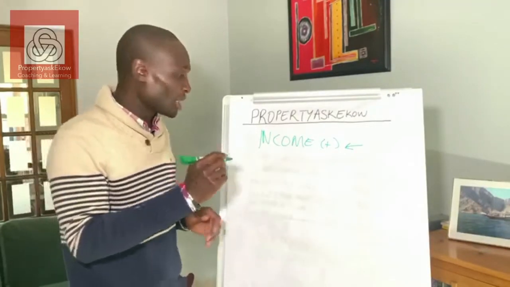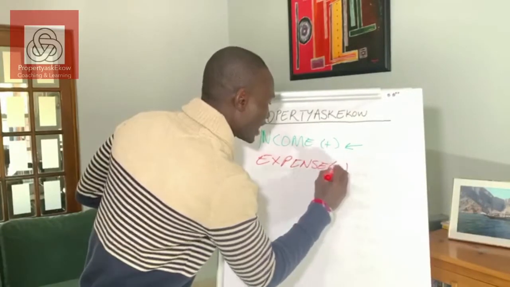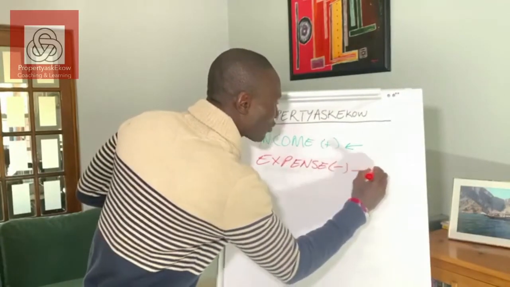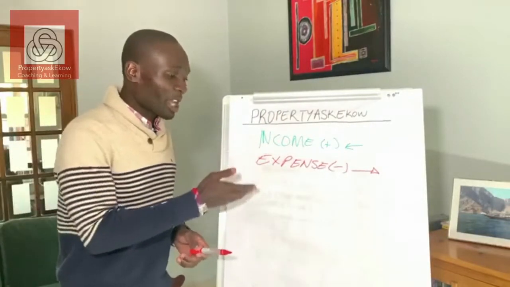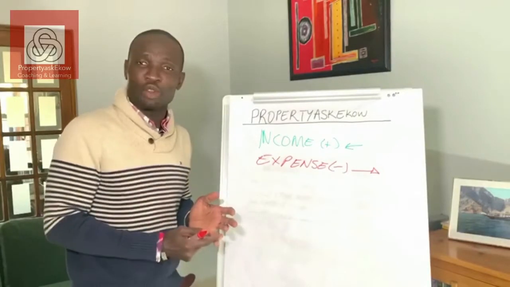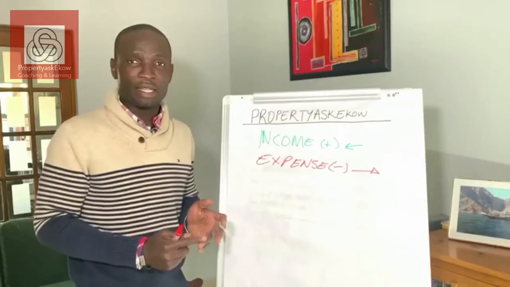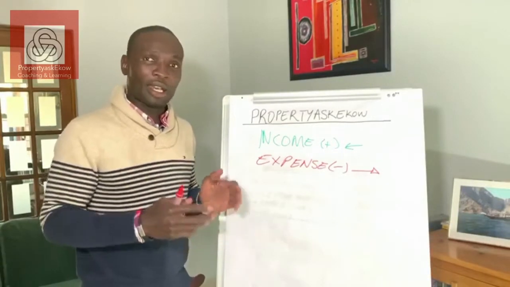The second component is expense. Your expense is negative. It's money flowing out of your business, right? The expense in our world is made up of vacancy rates, maintenance, insurance, rates and taxes.